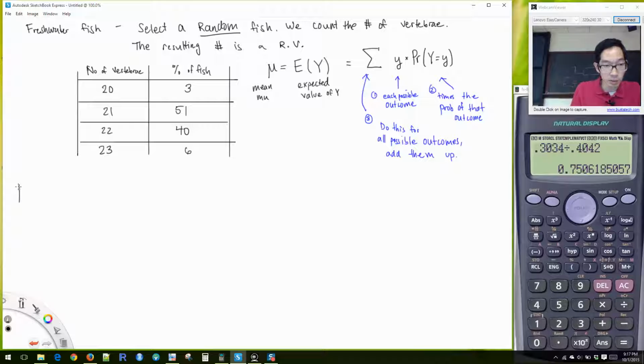We want to know what is the mean number of vertebrae that I will select. So 20 times, what's the probability that I select a fish with 20 vertebrae? 0.03. And then 21, and what's the probability I select a fish with 21 vertebrae? 0.51. And I do this for all possible outcomes.